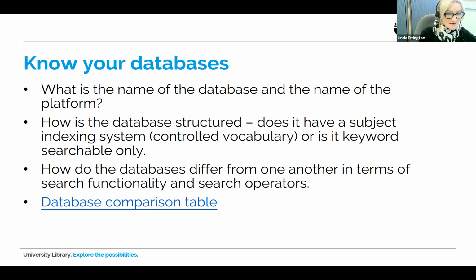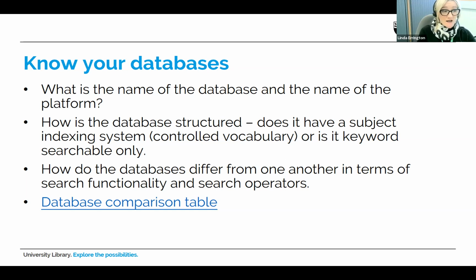So know your databases. It's often the case where in a methodology, somebody will say that they have searched Ovid, for example. Now, Ovid isn't actually a database in its own right. Ovid is the platform, and Ovid gives access to a number of individual databases.